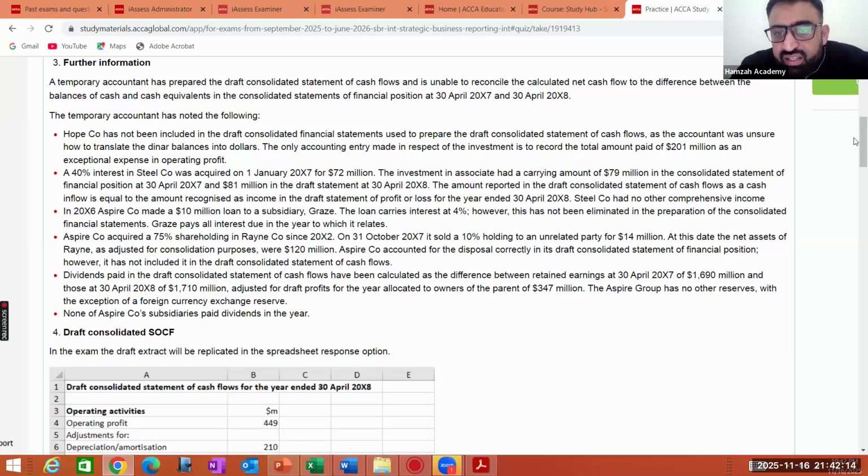The investment in associate had a carrying amount of 79 million in the consolidated statement of financial position at 30th April X7 and 81 million at X8. The amount reported in the draft consolidated cash flow statement as a cash inflow is equal to the amount recognized as income in the profit and loss for the year ended 30th April X8. Steel company had no other comprehensive income.